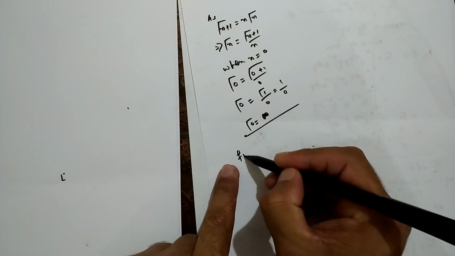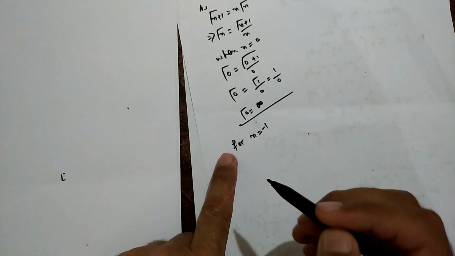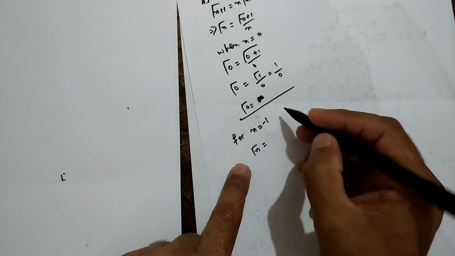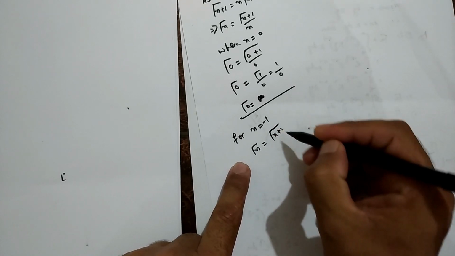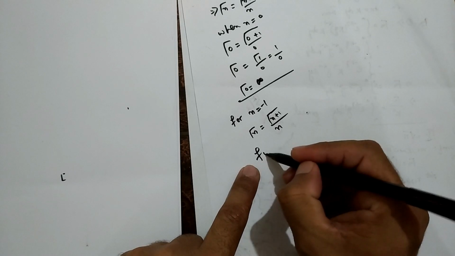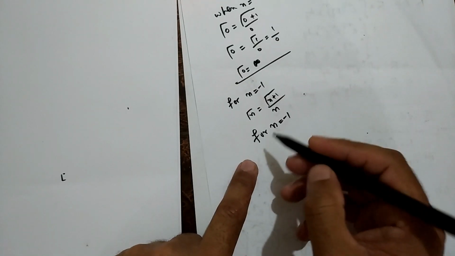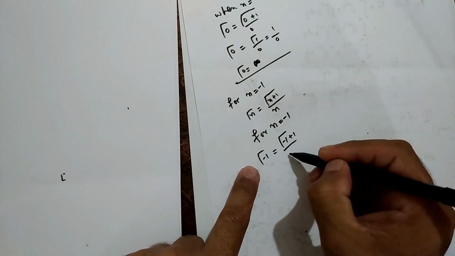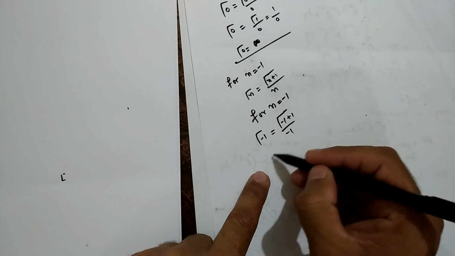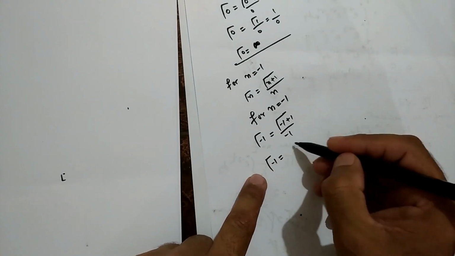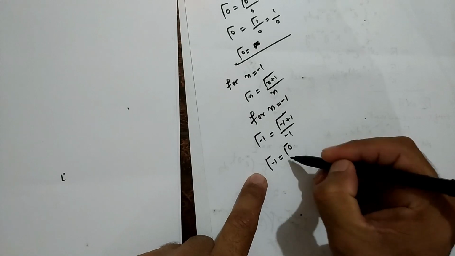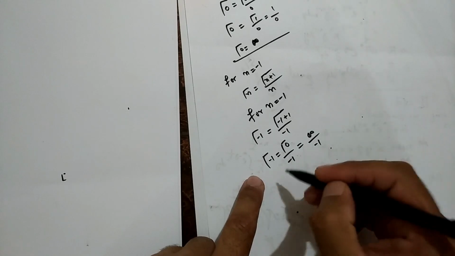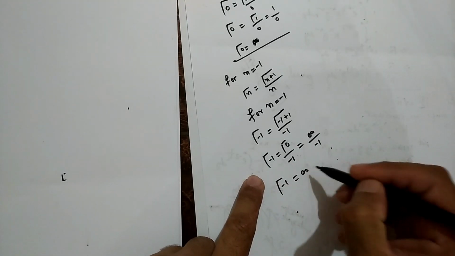Similarly, for n equal to negative 1, again we have gamma n is equal to gamma n plus 1 upon n. So for n equal to minus 1, gamma minus 1 is equal to gamma minus 1 plus 1 upon minus 1. So this will be gamma minus 1 is equal to gamma 0 upon minus 1, and gamma 0 is infinity, which is infinity.